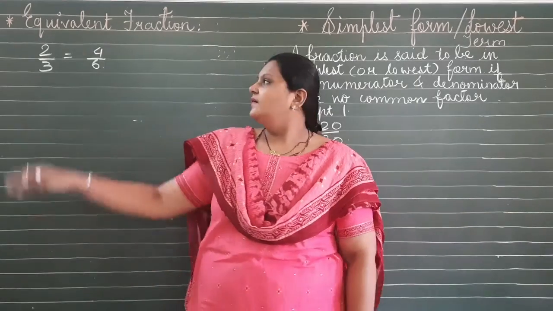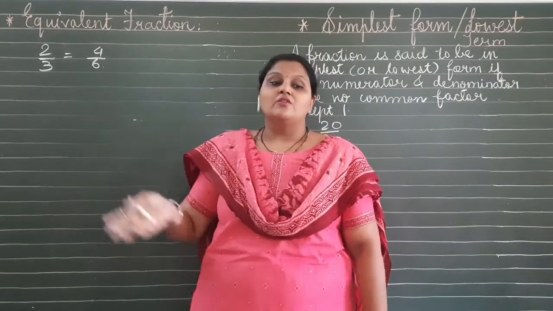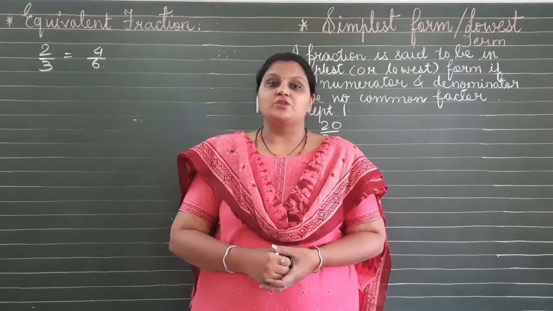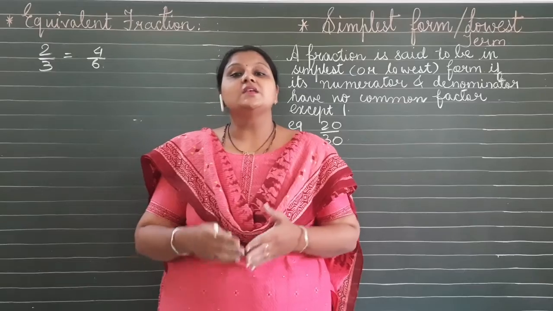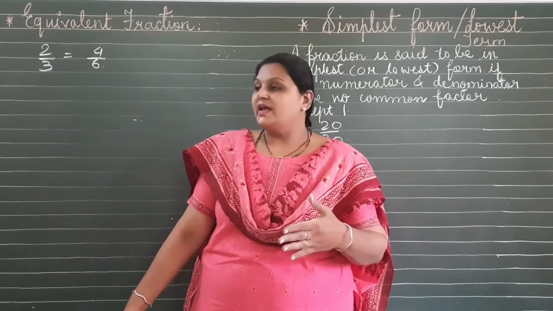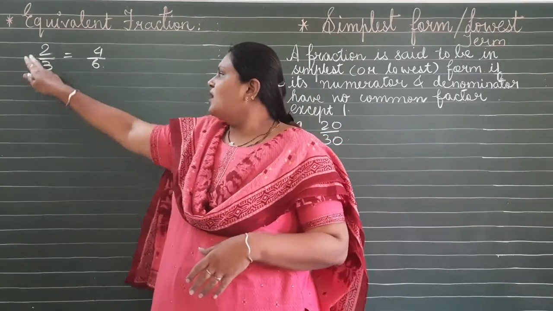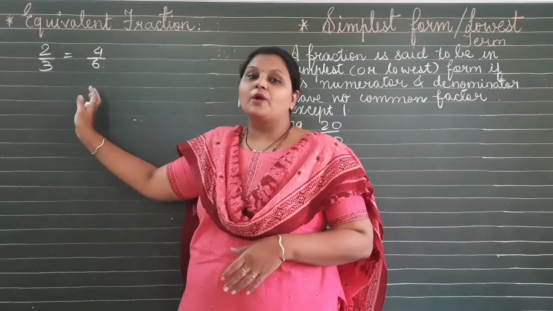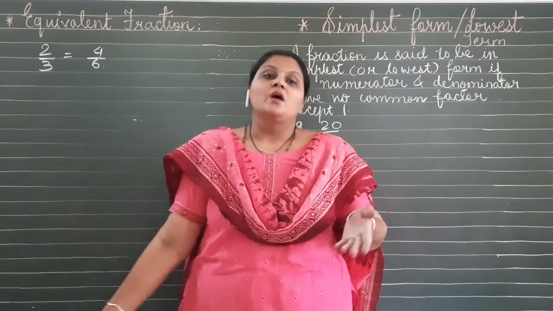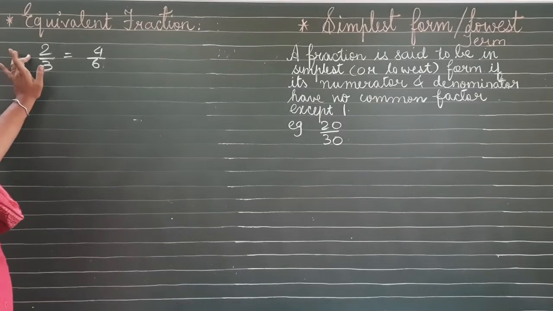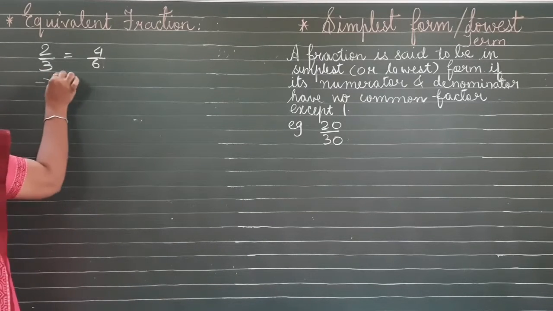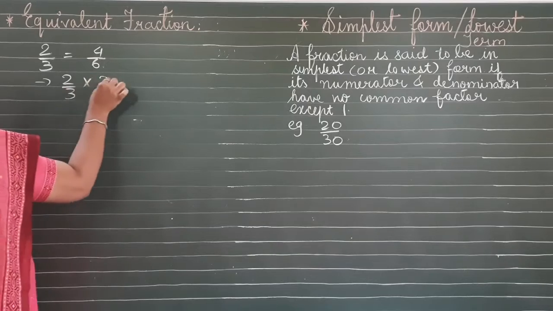Now let's see equivalent fraction. First, what do you mean by equivalent fraction? The word itself says equivalent means equal. Now let us study example. Here 2 upon 3 is equal to 4 upon 6. How? Whenever we multiply 2 upon 3 by 2 upon 2, we will get 4 upon 6.